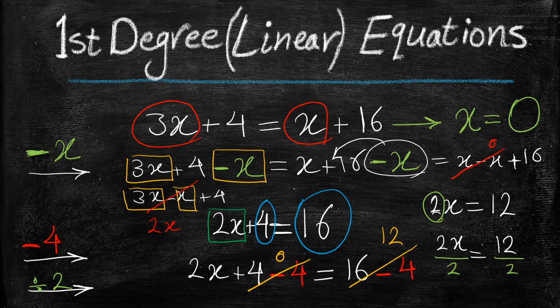So 2 divided by 2, that's just 1. 12 divided by 2, that's 6. So x equals 6. That's how we isolated it. Step by step, we isolated x, doing every operation that would achieve that goal.